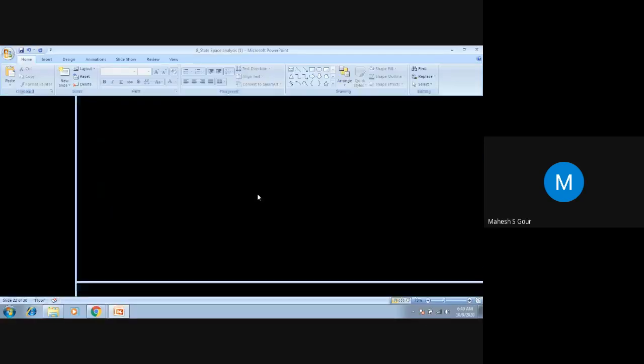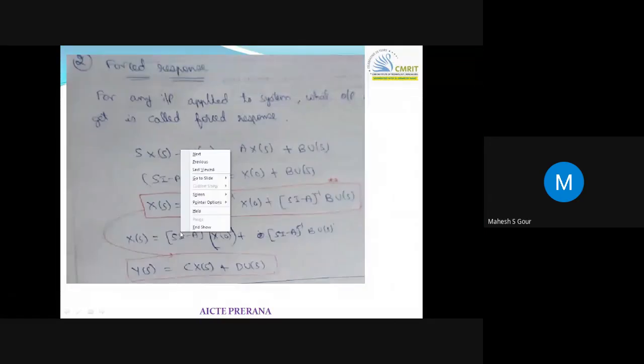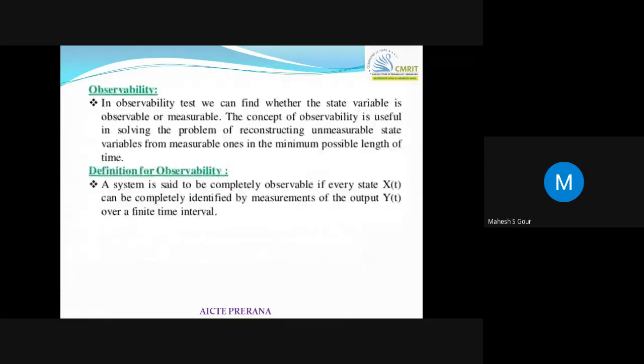Can you please copy down this formula also? Guys, done copying?